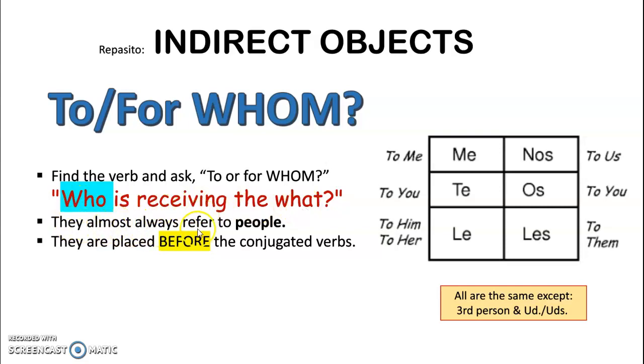They almost always refer to people and they are placed before a conjugated verb. Here's your indirect object pronouns in Spanish. Notice that they're almost the same as the direct object pronouns, except for the bottom two, le and les, instead of lo, la, los, las.